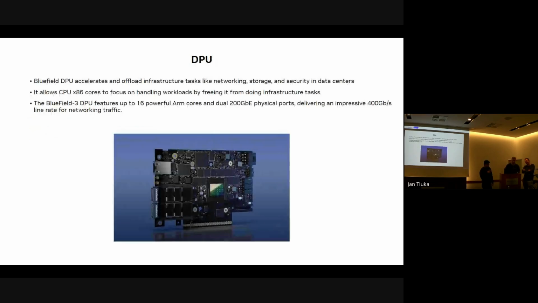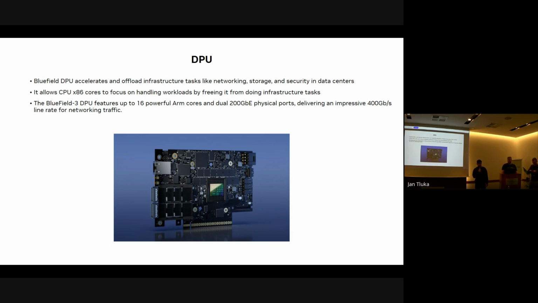Next slide. All right. So what is a DPU? DPU, or data processing unit, as shown in the picture, is a powerful beast designed to offload and accelerate infrastructure tasks like networking, storage, and security in data centers.